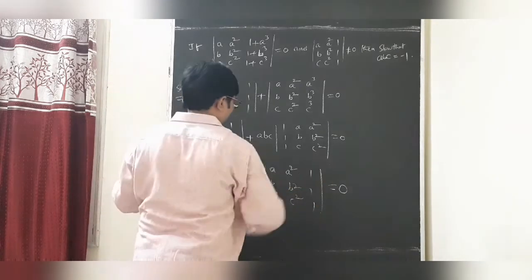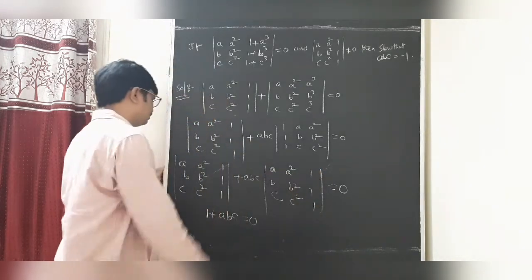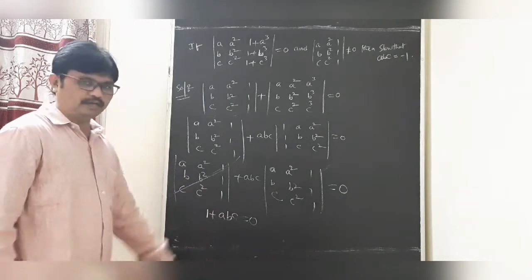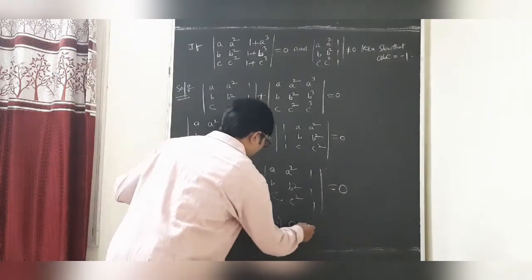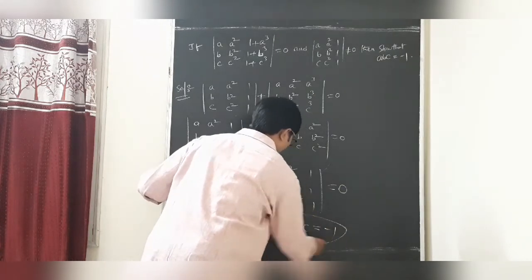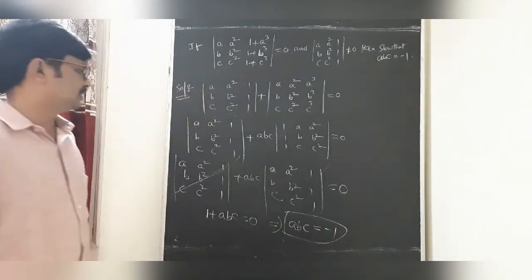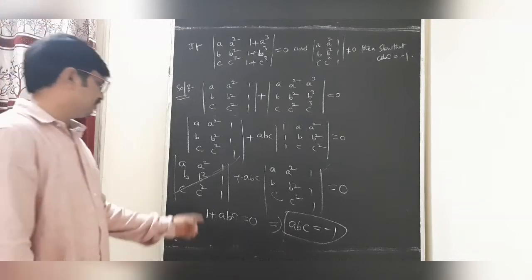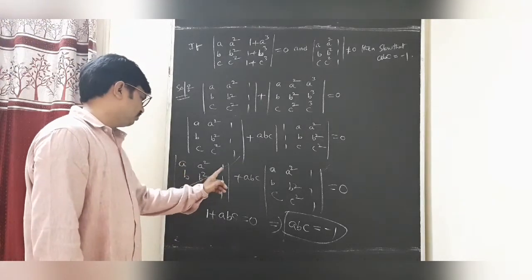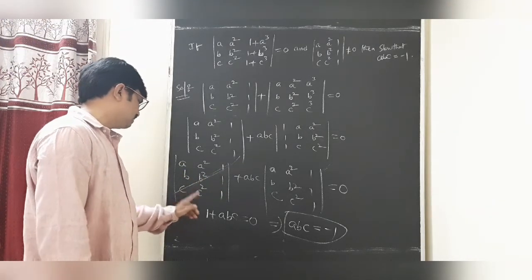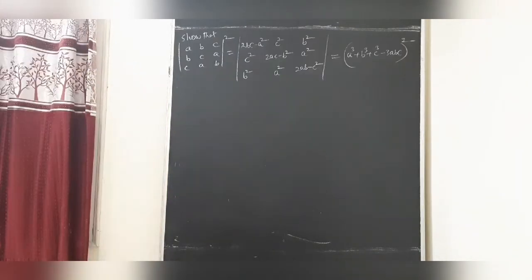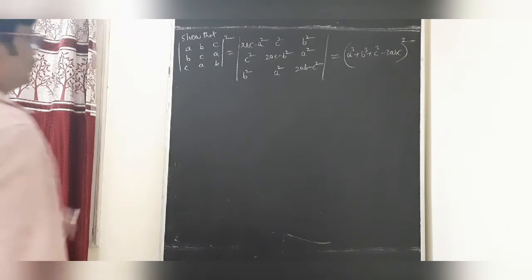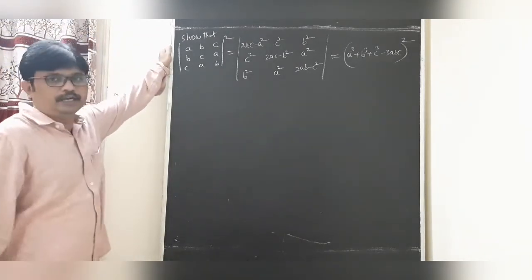You can cancel the common determinant on both sides. So we got 1 plus ABC equal to 0, that is ABC equal to minus 1. Is it clear students?